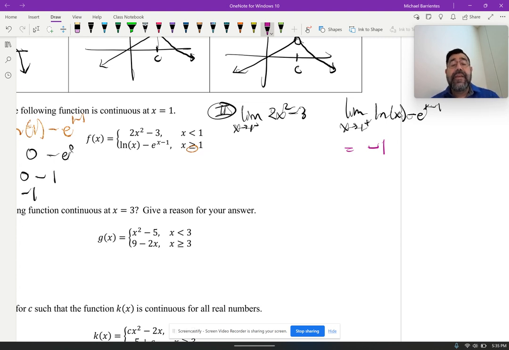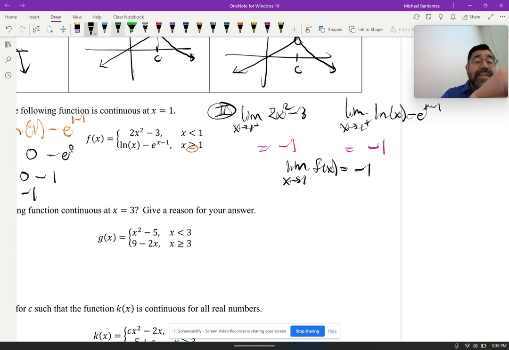For the left-sided limit, I substitute 1 into my formula: 2 times 1 squared is 2, minus 1 is negative 1. So the limit from both sides as x approaches 1 does exist, and it equals negative 1. From the left side, it's going towards one spot, and from the right side, it's going towards the same spot.